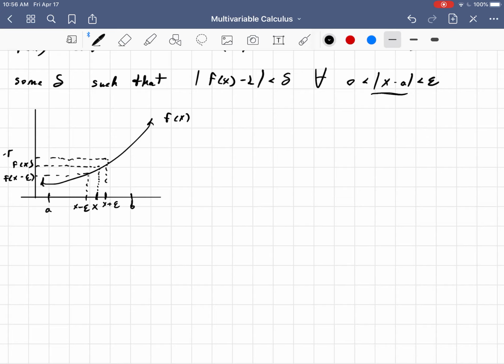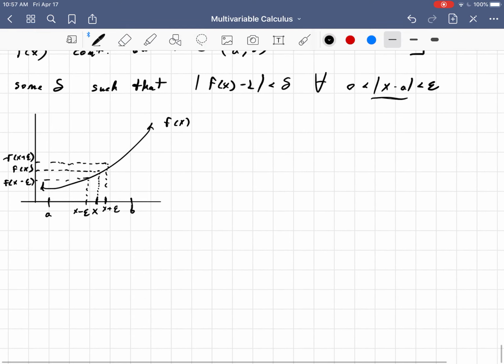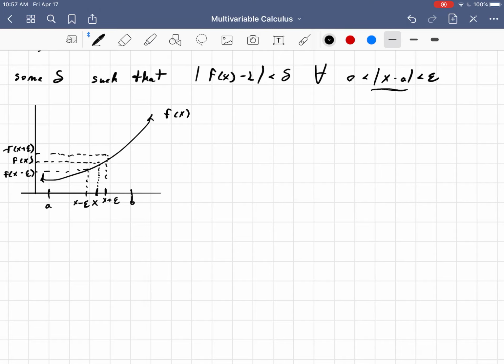And now, obviously, these points here would be f of x minus epsilon, and this point here would be the y-coordinate f of x plus epsilon. In other words, since I introduced this delta, we would say that f of x plus epsilon is just going to be f of x plus a little distance delta.